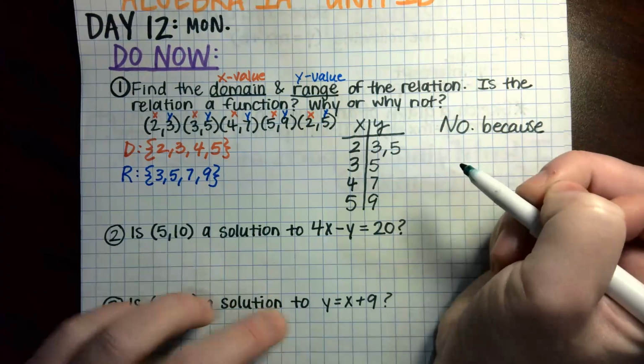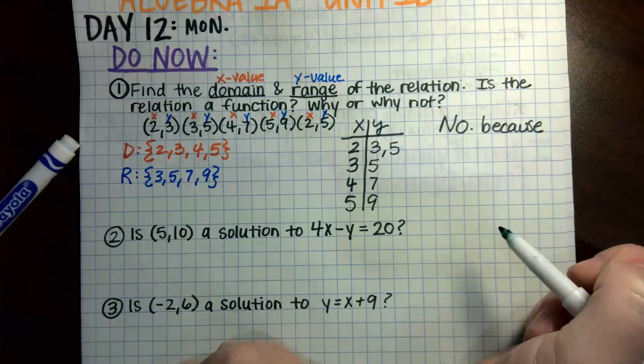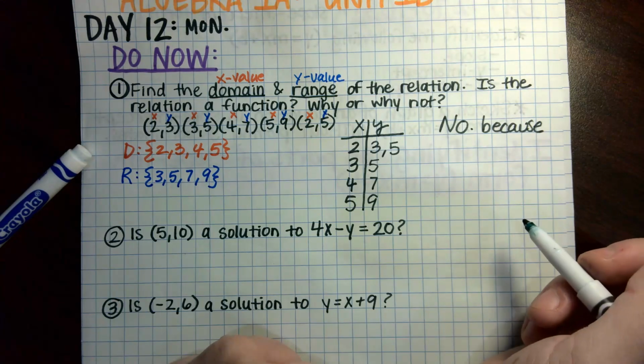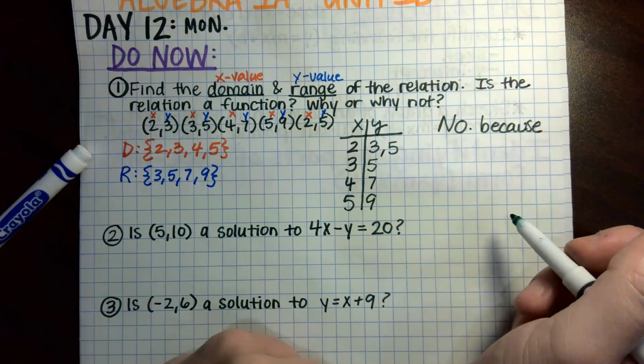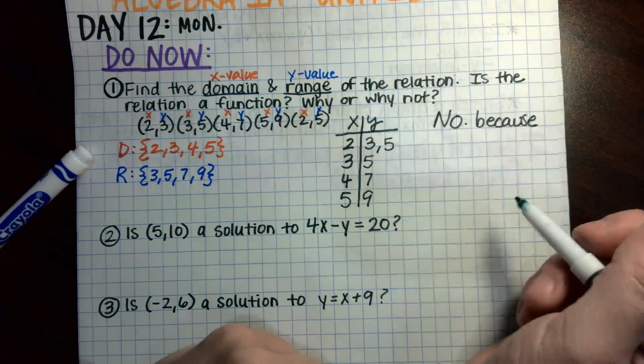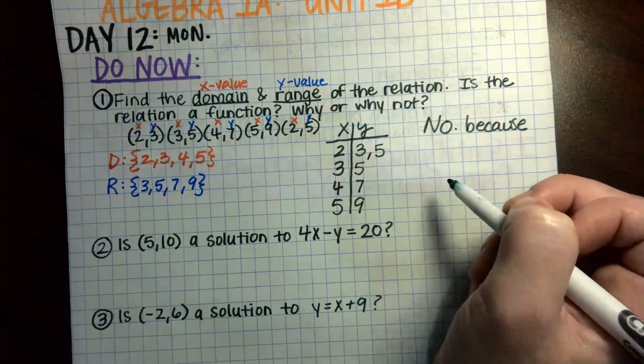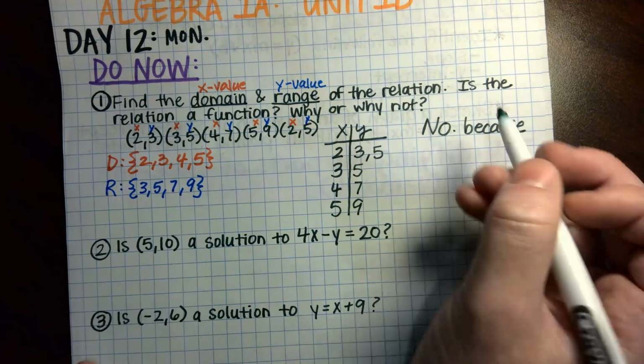You could say a couple of things. You could say the x value 2 has more than one y value, or you could say something along the lines of not all the x's have just one y. What do we want to say here for our explanation? I put too many partners. Too many partners.